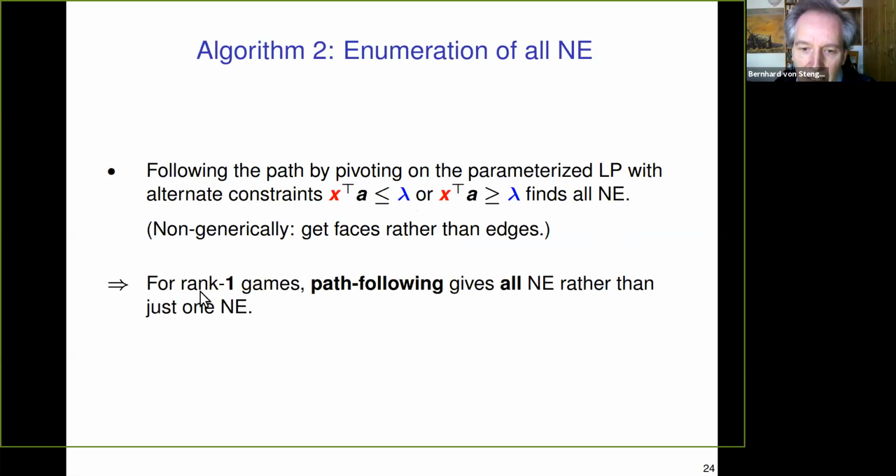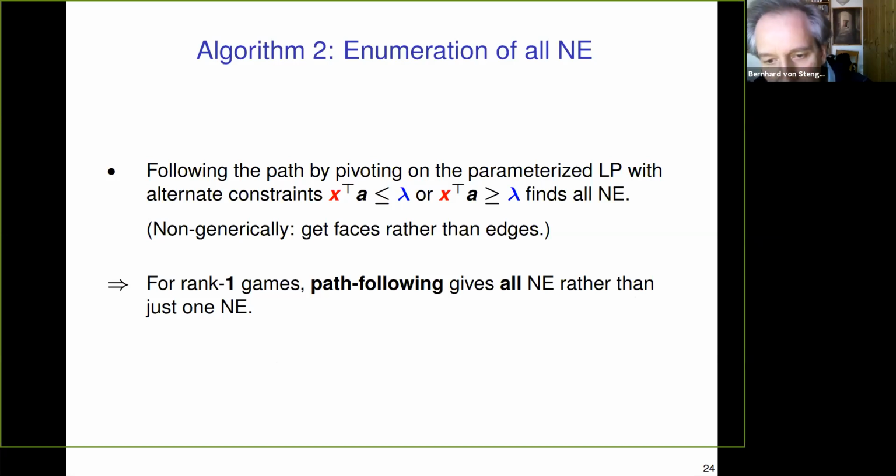Remember, this is the nice thing about this algorithm: you find all equilibria of the rank 1 game, whereas in a general game, like Govindan-Wilson, path following finds you only one equilibrium. So we're doing a lot more by following a path.